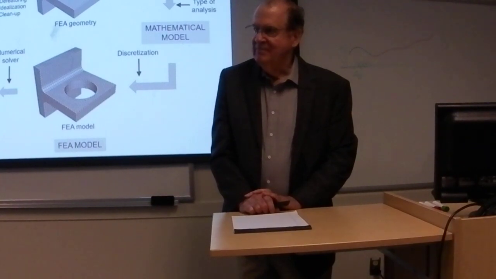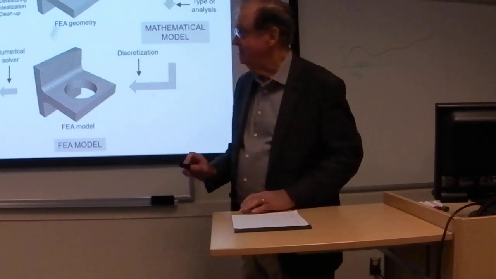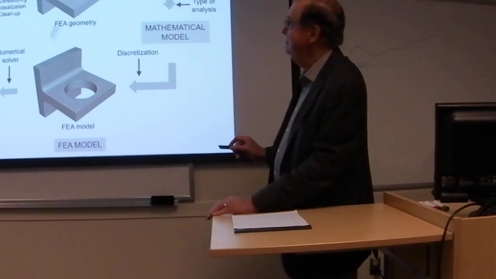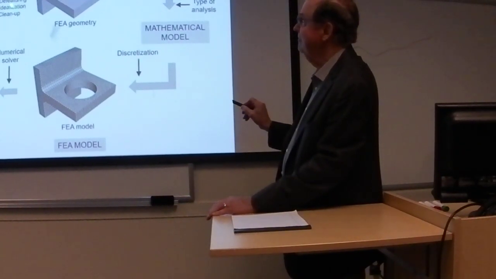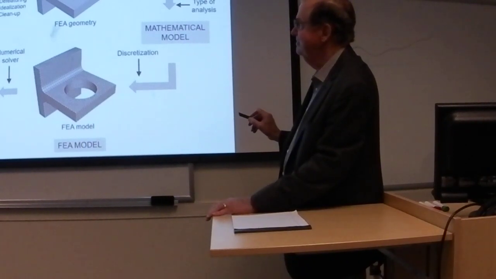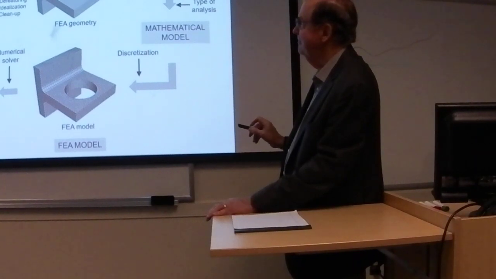And it's going to say, I can't mesh around that weird fillet in the corner. So you can see that first bullet point under the arrow is defeaturing or idealization or cleaning up. And so when you're removing details, you're adding uncertainty. So you're moving from a more accurate to a less accurate, and that is the foundation of your calculation.